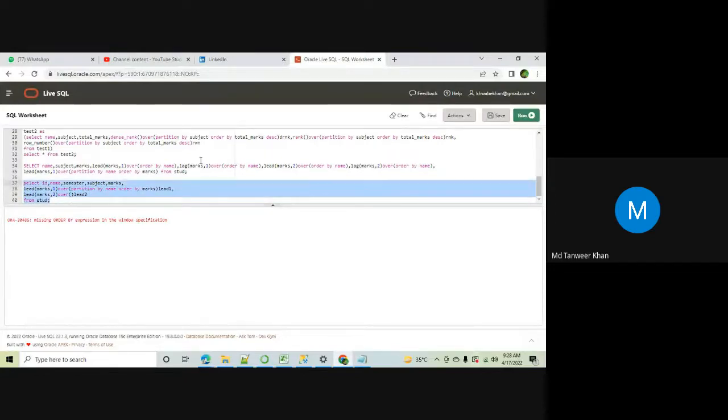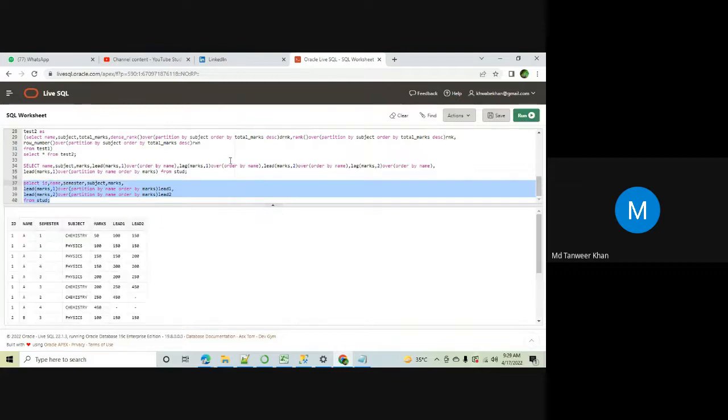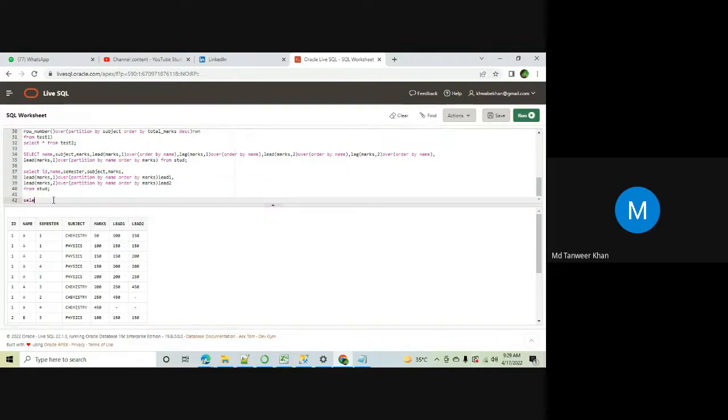Any question here? So is order by compulsory but partition by is not? Partition by is not compulsory. You can remove this. That's correct. Now let's try to understand the use case of this. Let me show you a use case, which is easier to understand.